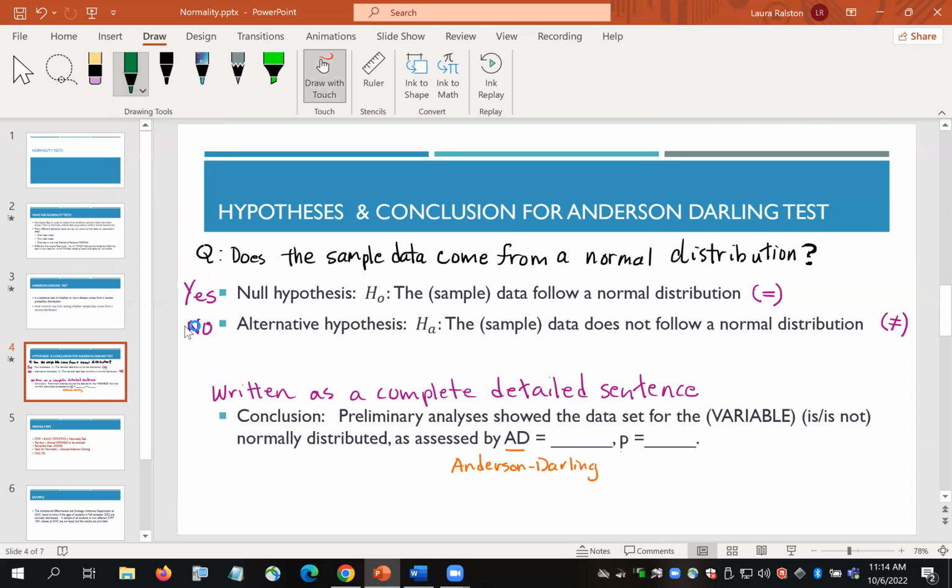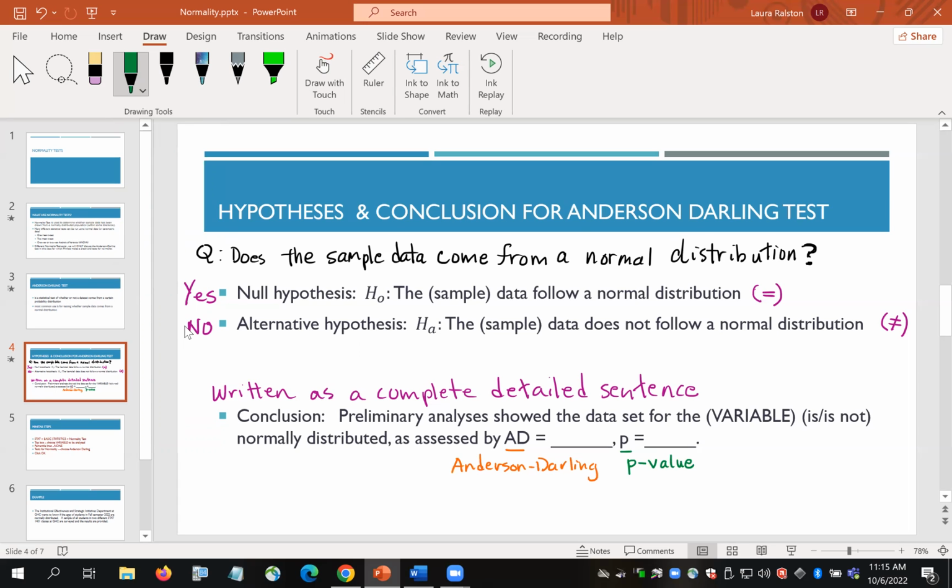A lot of times you'll see we just use the letter P instead of writing out the phrase p-value. Okay, so that would be the detailed sentence. Now we have to add in the details by indicating what variable we are analyzing, as well as the value for our Anderson-Darling test statistic and the corresponding p-value.